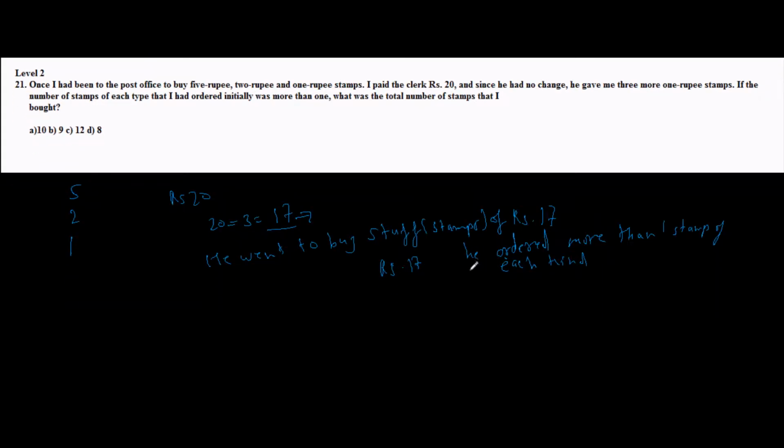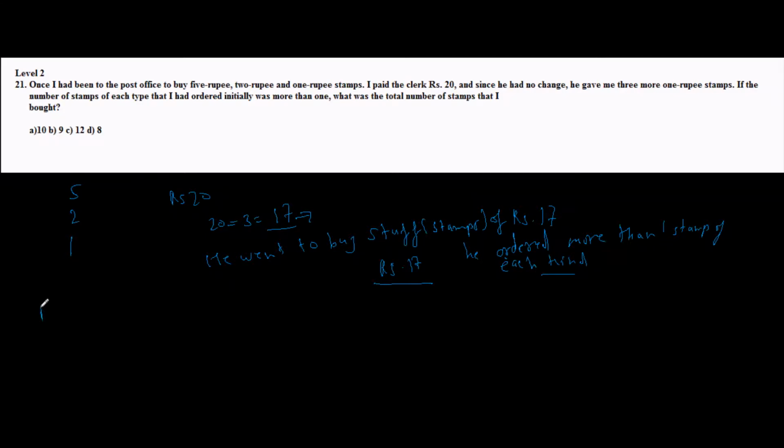Now we don't have anything to form an equation here, because I don't know how many 1 rupee, how many 2 rupee and how many 5 rupee stamps he wanted to bring. I just know that he wanted to bring stamps of rupees 17. But then they have said one thing, that he ordered more than one stamp of each kind.